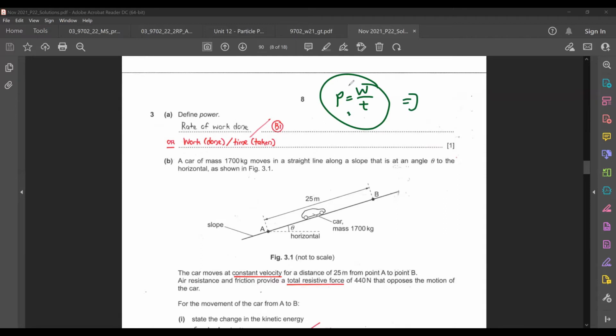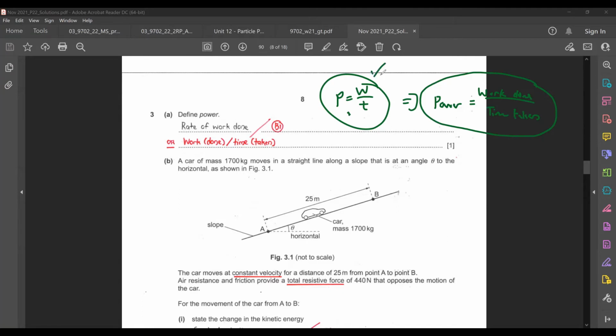If you really want to write it in equation form, you write it as this: power is equal to work done over time taken. I mentioned to you guys before that if you want to define any particular physical quantity and you want to write the equation, please write it out in words like this.